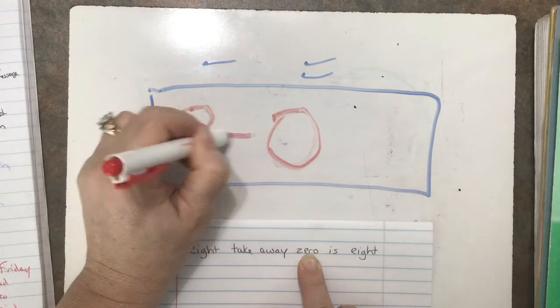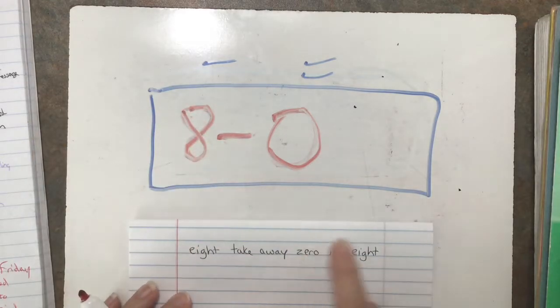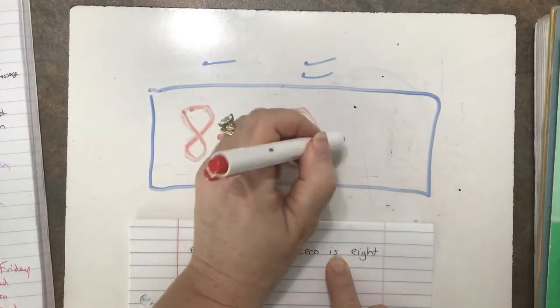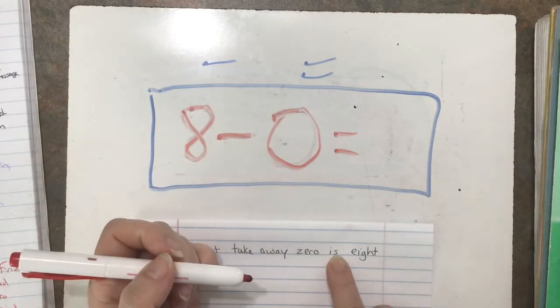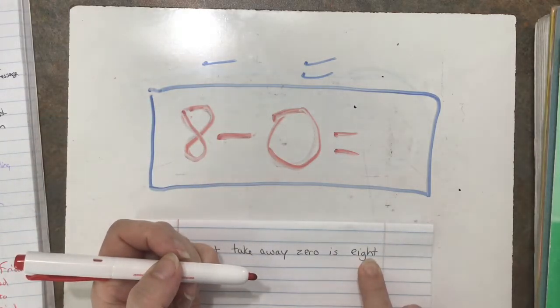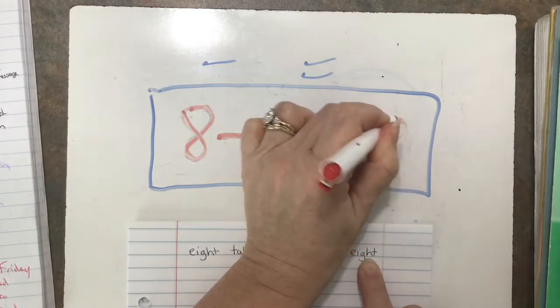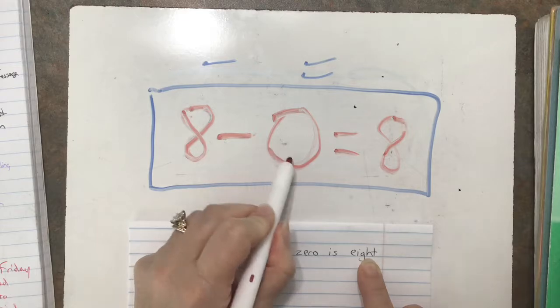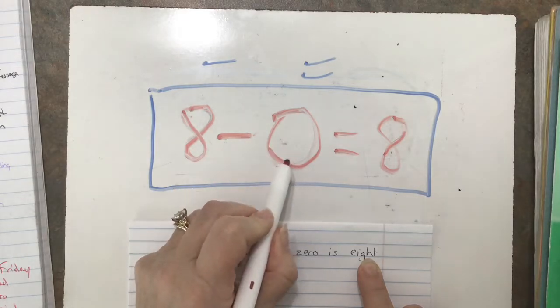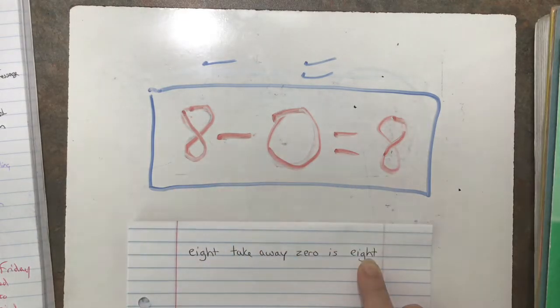My marker is dying, isn't it? 8 minus 0 is, that's our equal sign. We're saying that this math problem is the same thing as this number, 8. If we have 8 and we don't take away anything, we take away 0, we still have 8.